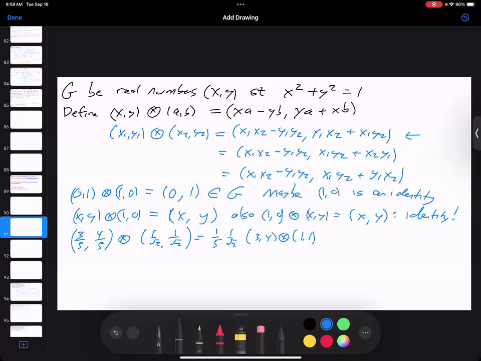All right, so this is going to be 1 over 5 root 2. Then we're going to get 3 times 1 minus 4 times 1. So what's 3 times 1 minus 4 times 1? I believe that's -1. And the second is going to be 4 times 1 plus 3 times 1, which is 7.